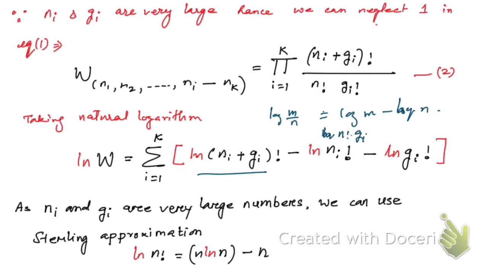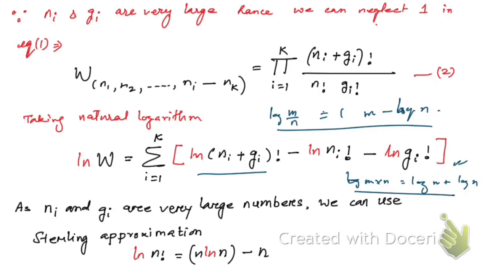Again, log of m into n is log m plus log n, so ln ni factorial gi factorial becomes ln ni factorial plus ln gi factorial. Because of the minus, the plus becomes minus. Hope you have understood this. That's how we got this expression using these properties of log.